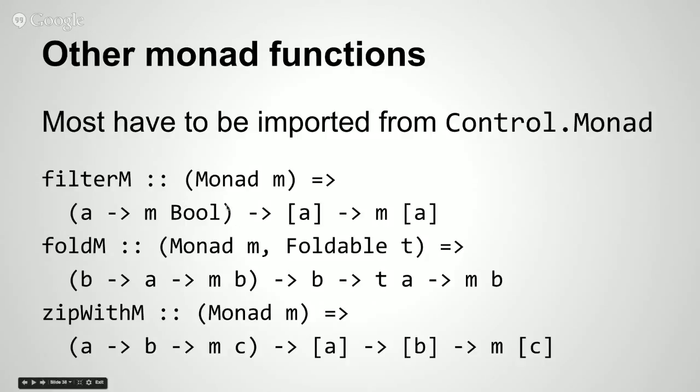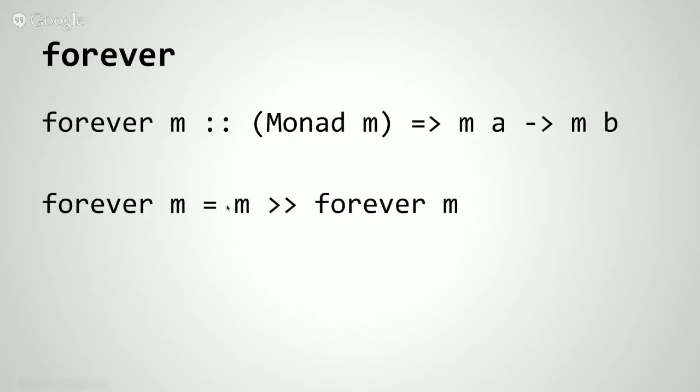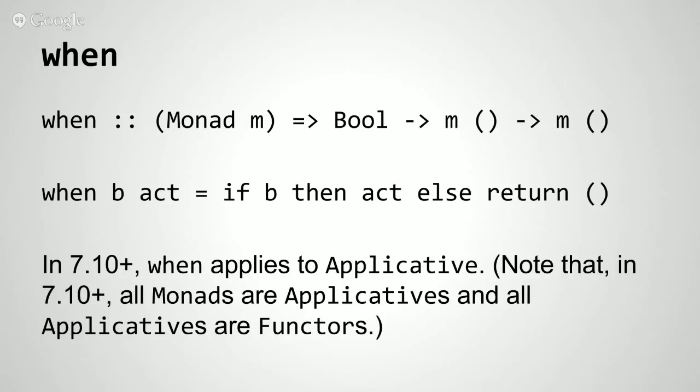And then there's zipWith. Forever is a function that takes a monadic action and just repeats it forever. It's M sequenced with forever M. When takes a condition, which has to evaluate to a bool, and a monad that returns unit.